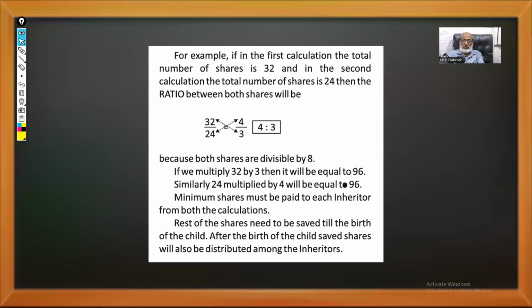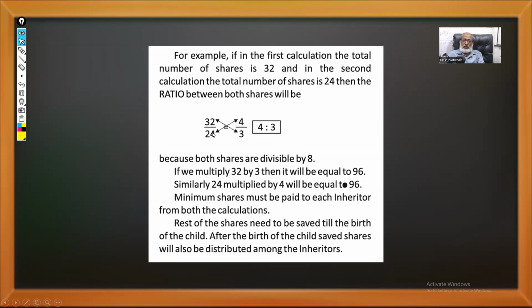Let's say in one calculation we get a total number of shares of 32, and in the second calculation we get a total number of shares of 24.